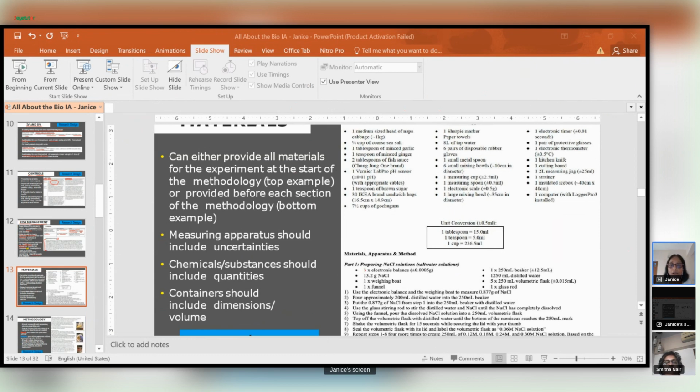Now how am I going to make it? I need how many grams of NaCl. I've made it very clear. I need an electronic balance to measure it, a beaker, and how much distilled water. So this is where I'm going to prepare it. It is very clear how I am going to do all the things.